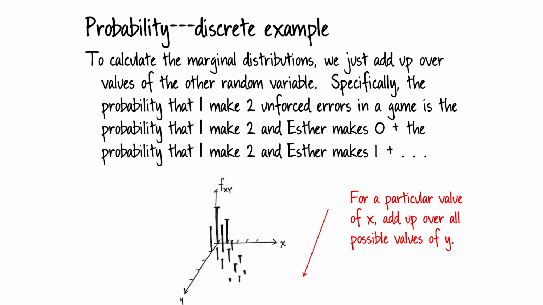All we want to do is add up over values of the other random variable to get the value of the marginal distribution for a particular X or particular Y. So specifically, the probability that I make 2 unforced errors in a game is the probability that I make 2 unforced errors and Esther makes 0, plus the probability that I make 2 and Esther makes 1, plus the probability that I make 2 and Esther makes 2, etc. Okay? So all I'm doing is just adding up along a particular value for X.